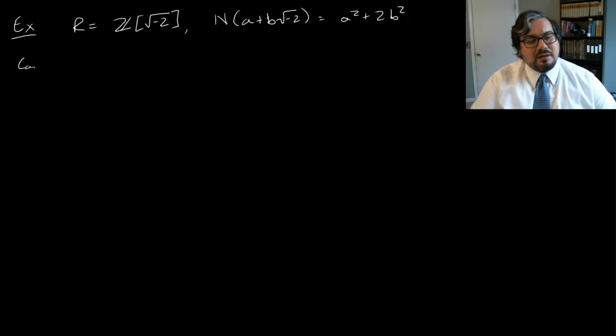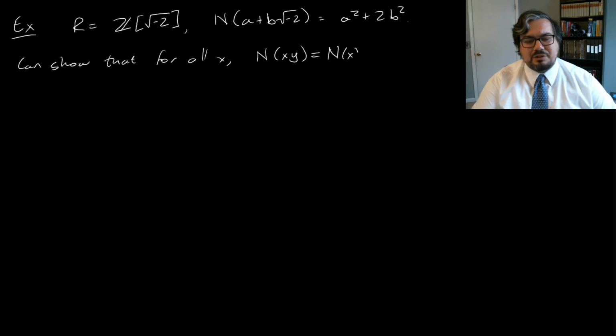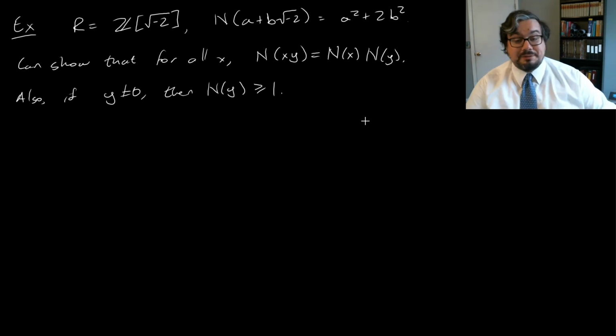Now, we can show that for all x, the measure of x times y is equal to the measure of x times the measure of y. Also, if y is not equal to 0, then the measure of y has to be greater than or equal to 1.